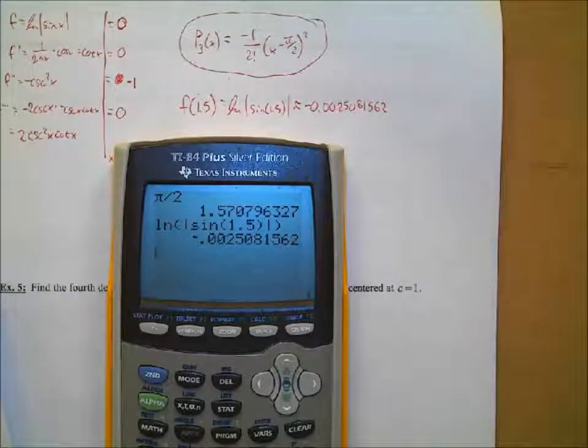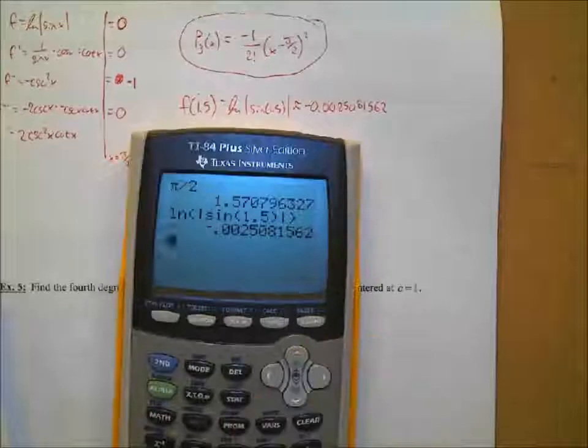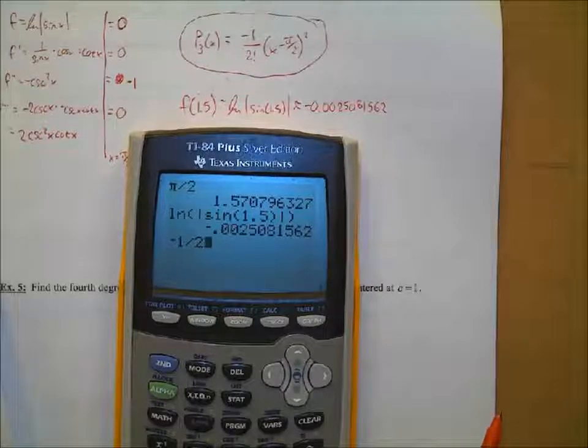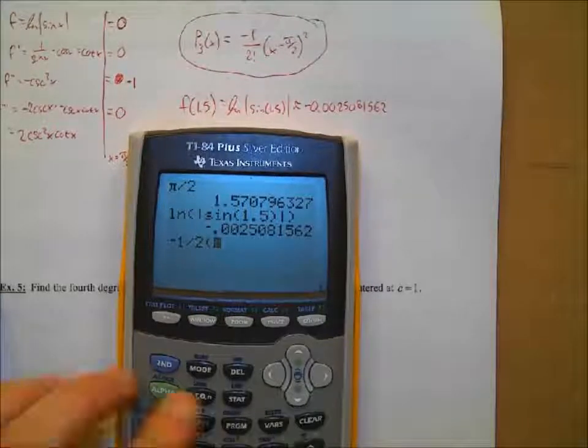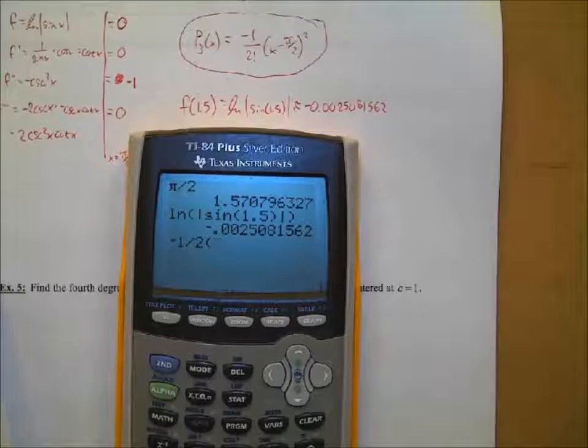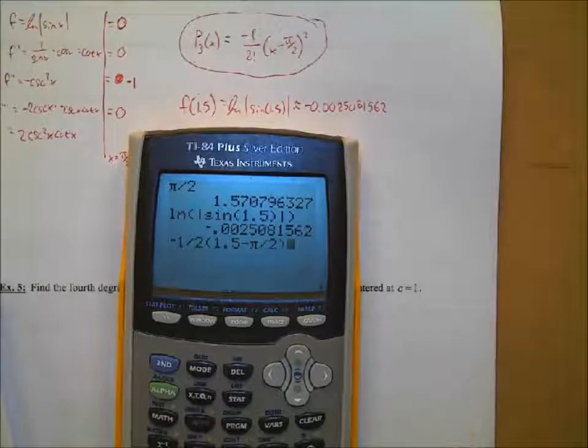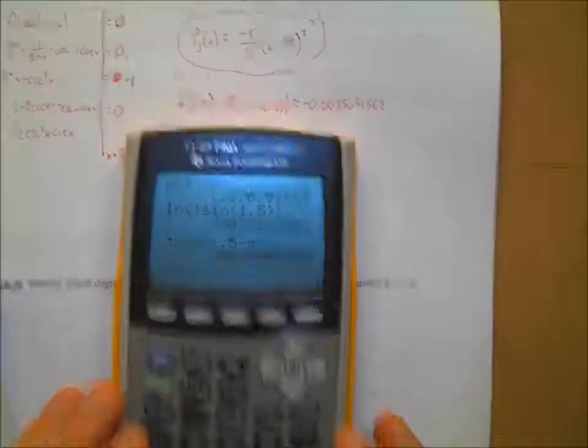0.025081562. And then let's use our approximation here, which would be negative 1 over, well, 2 factorial is really just 1 times 2, so 2. So negative 1/2, and then parentheses x, but our x is going to be 1.5 minus pi over 2 squared. Okay, and I'll write that right here.